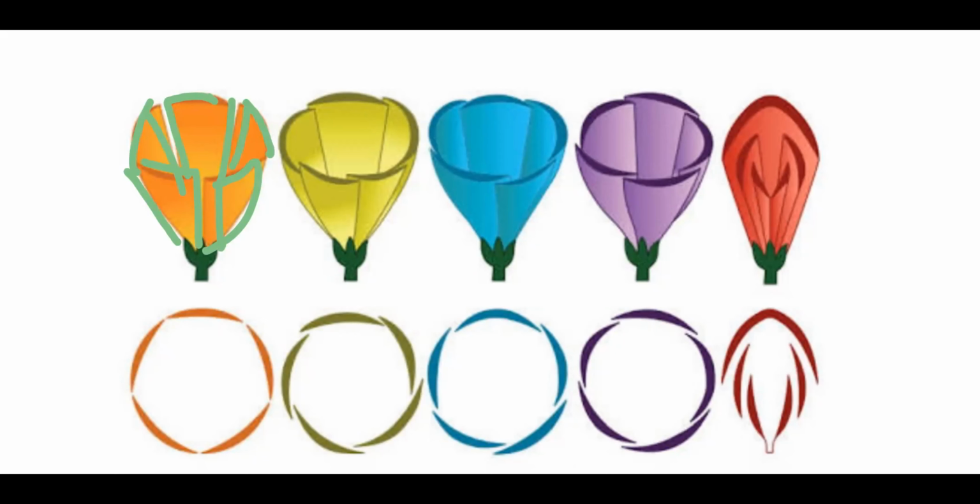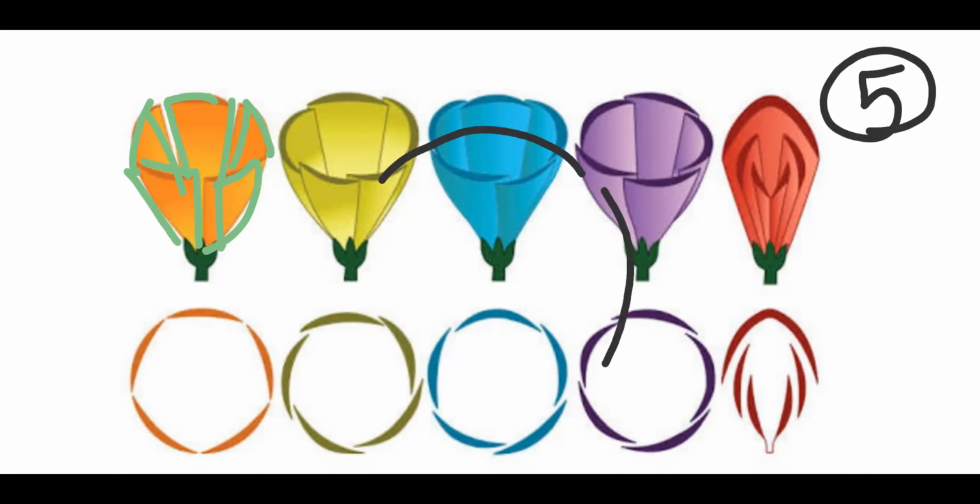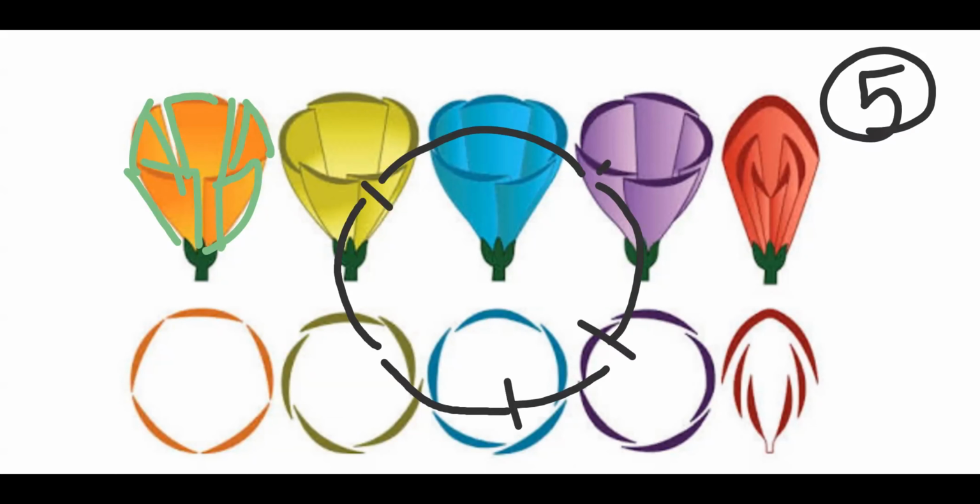If I make a diagram over here, suppose 5 sepals are there: one sepal, second sepal, third sepal, fourth, and then fifth. So all this indicates that all are arranged along the margin.